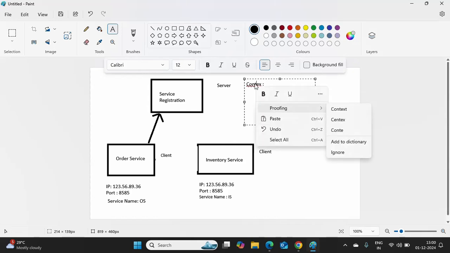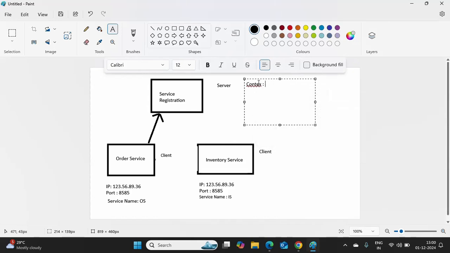It is going to store all the information of the service here. So it is going to store the order service with respect to its IP and port. Just assume it is going to store the information like this.